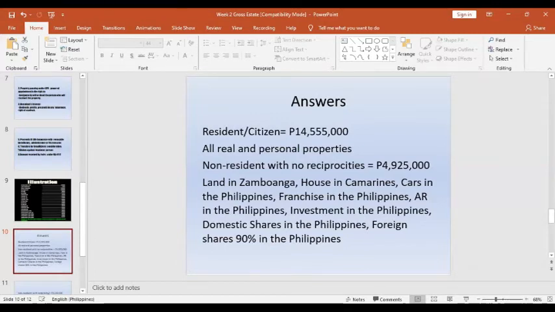So what is the composition of the 4,925,000 gross estate? The land in Zamboanga, house in Camarines, cars in the Philippines, franchise in the Philippines, accounts receivable in the Philippines, investment in the Philippines, domestic shares in the Philippines, foreign shares in the Philippines, which is the 90%.